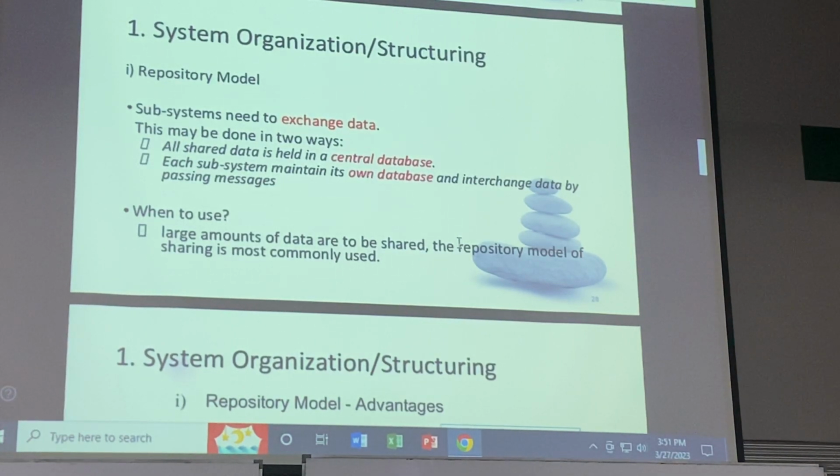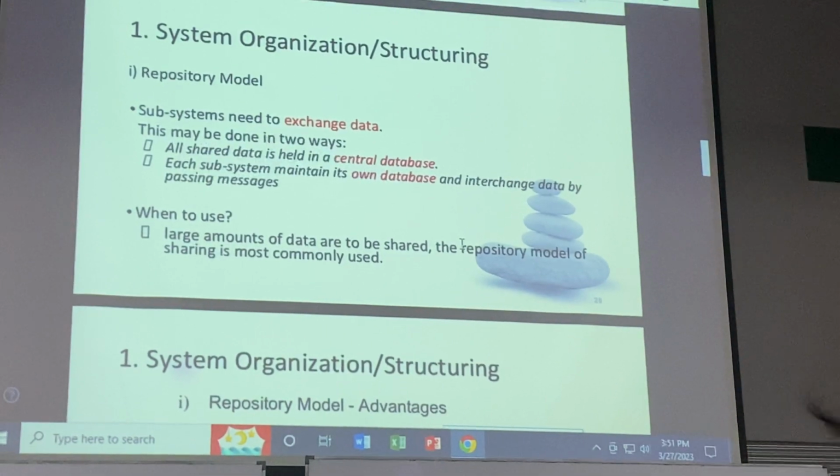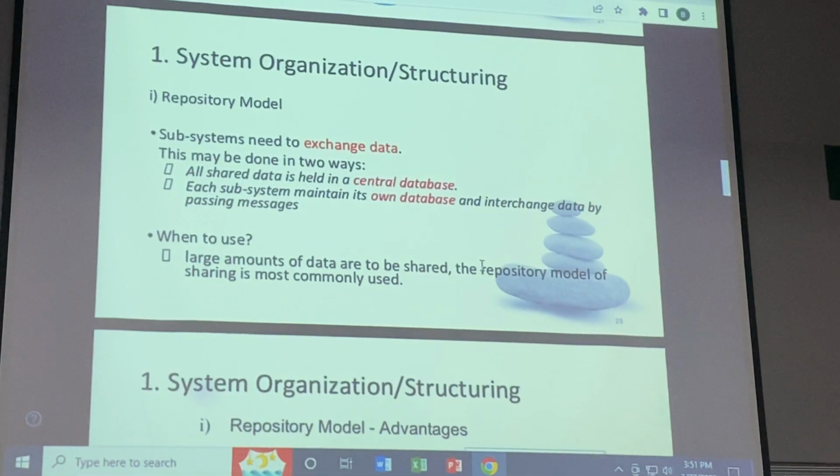Either you store the data in the main, or you can store the data in your own. Then whenever your neighbor asks, you can exchange. Or you can store in the main, then you can directly get from there. Also, there are two ways you can use the repository model.